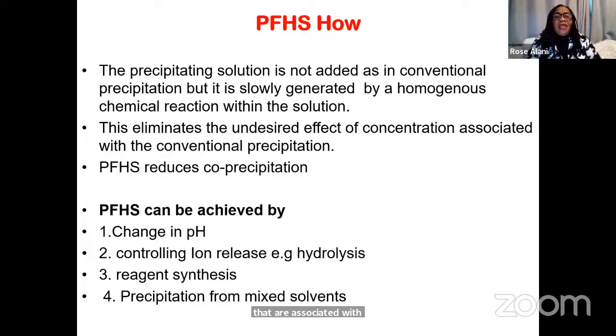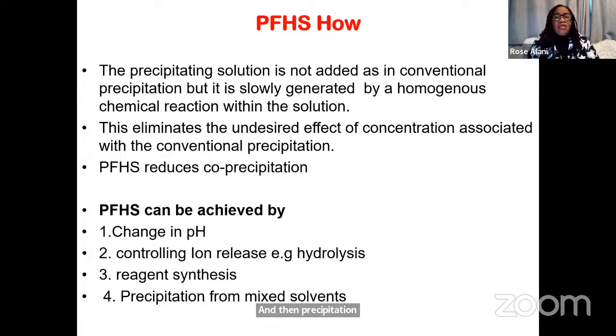So PFHS reduces co-precipitation. I've already talked about that. And then you can achieve PFHS by change in pH, controlling ion release, like hydrolysis, then reagent synthesis, and then precipitation from mixed solvents.